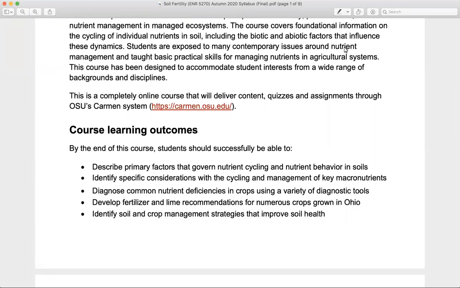You should be able to diagnose common nutrient deficiencies in some common crops, develop lime and fertilizer recommendations, and identify soil and crop management strategies that improve soil health. This is by no means an exhaustive list, but these are some of the key pieces that we'll cover throughout the semester.